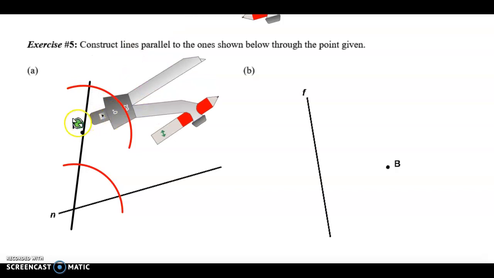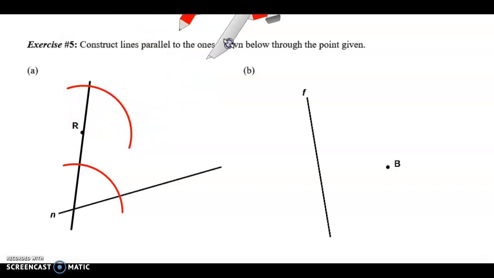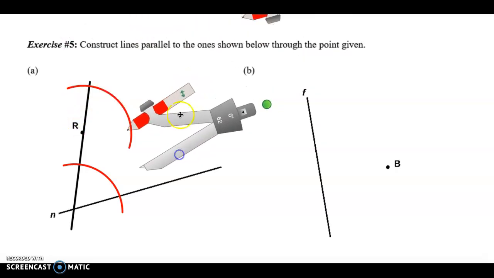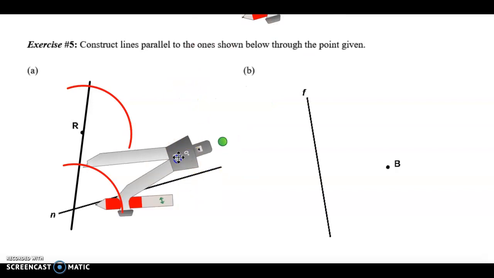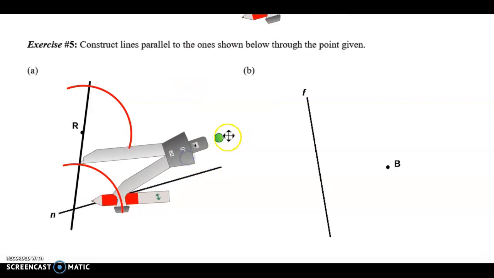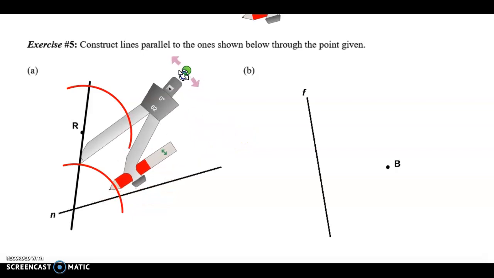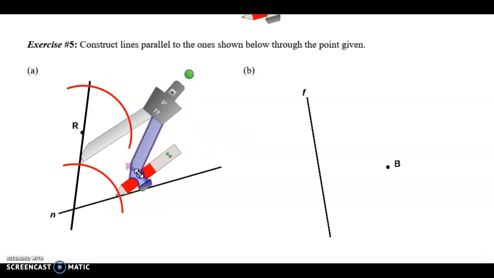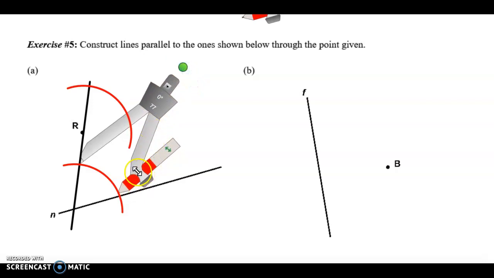I'm now going to come here and I'm going to measure the span of the arc that I'm trying to copy this angle on. So I put one end of my compass where the arc touches on top, one end of the compass where the arc touches on the bottom. I just left my pencil on the bottom here because I know that's where I need my pencil on the top arc.